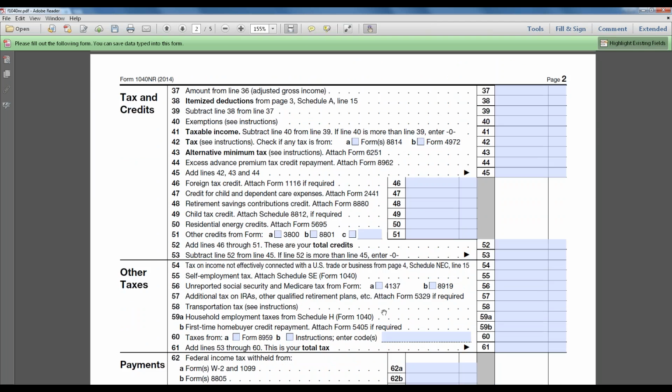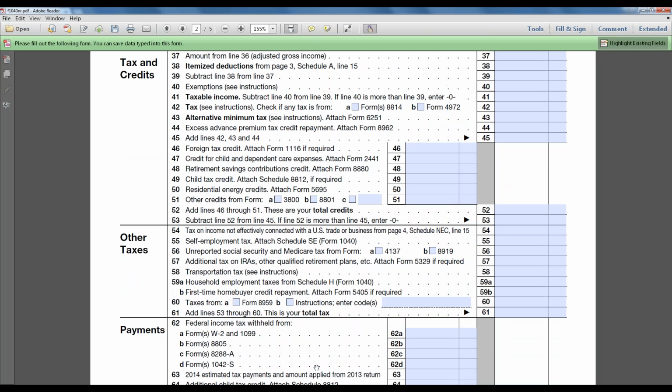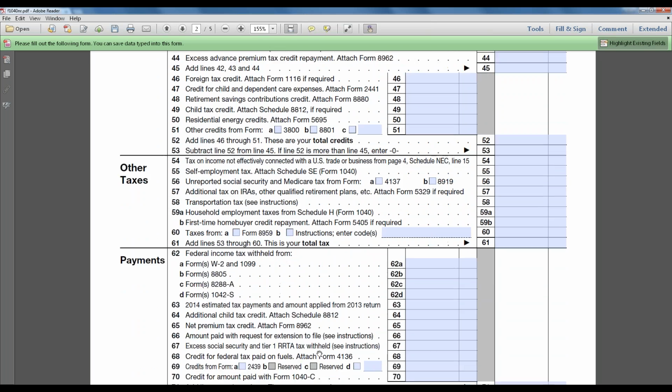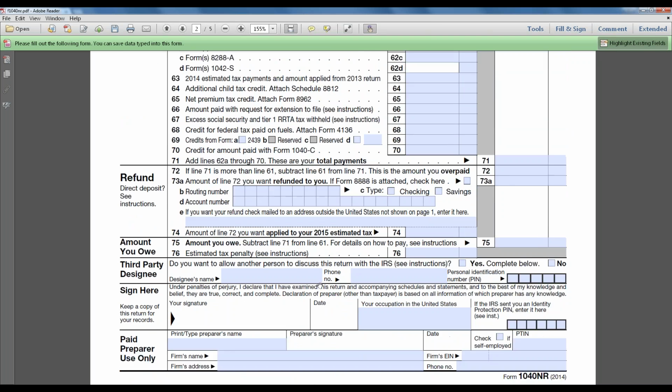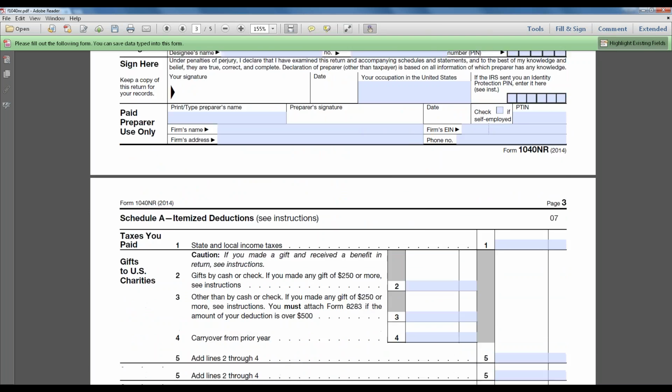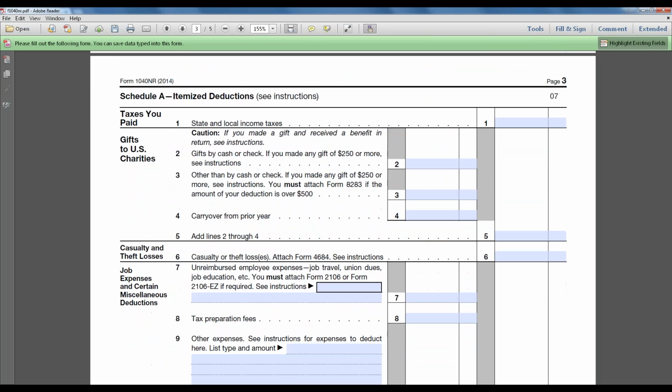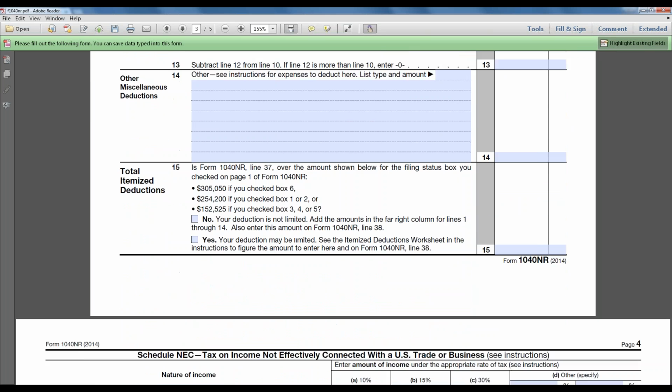Other taxes, self-employment tax, just like us, and these are things we've all seen before. 1042 goes right in here, so sometimes the amount of tax withheld in 1042 is excessive, or the wrong tax withheld. We're going to get to that on the next page. So on the next page, oh, not the next page. This is itemized deduction, the page after next.